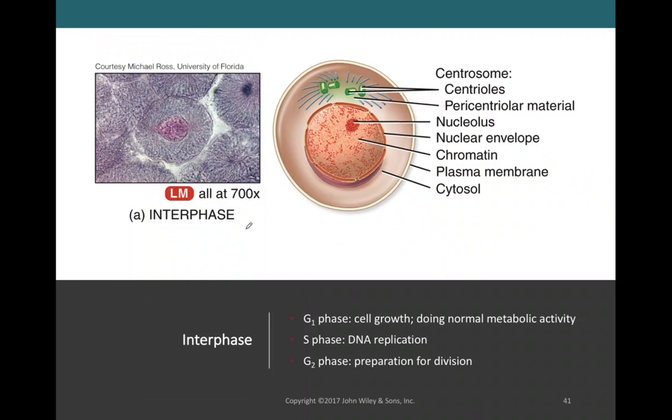First up is interphase. Now I've already mentioned that interphase is made up of the G1, S, and G2 phases. And a few of the events, again, that occur in G1 are going to be cell growth, normal metabolic activity, preparing for cell division, replication of organelles, and so forth.